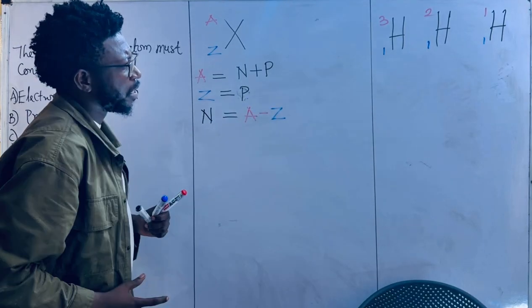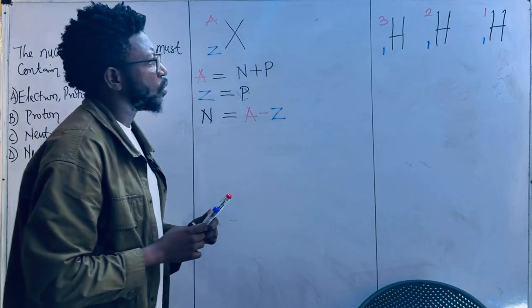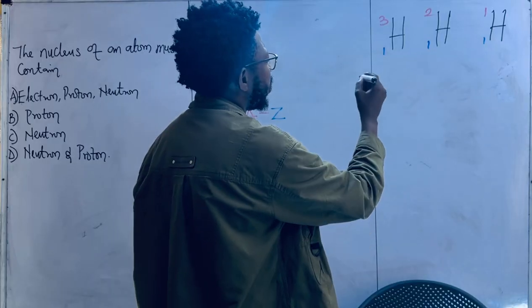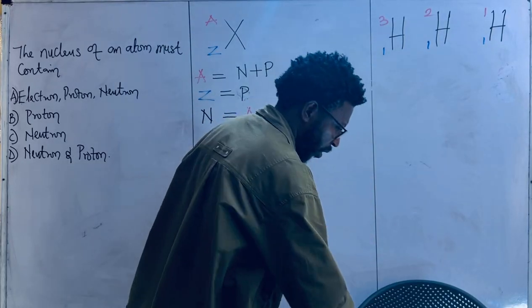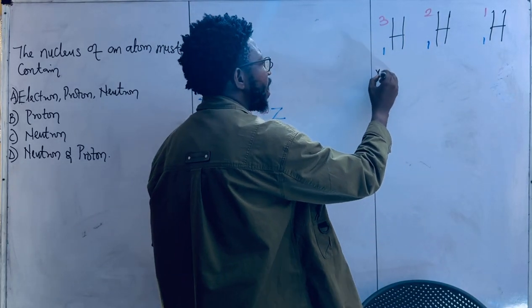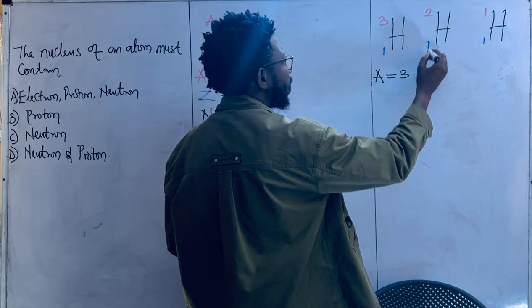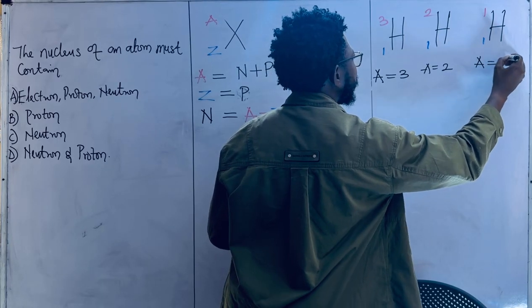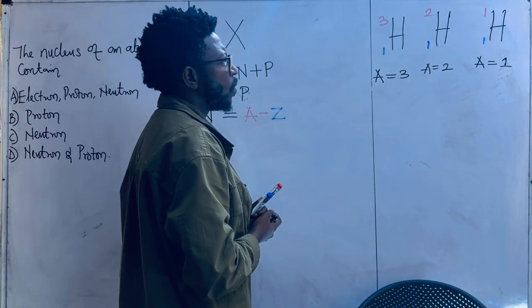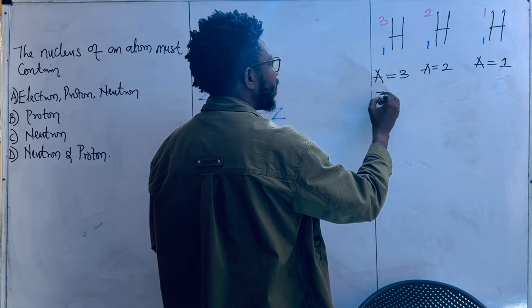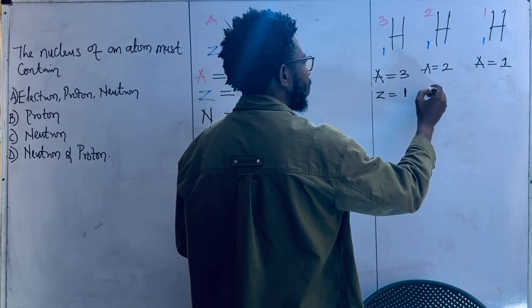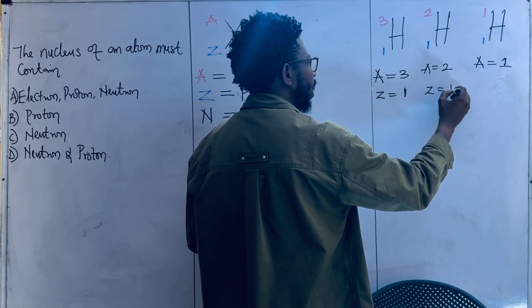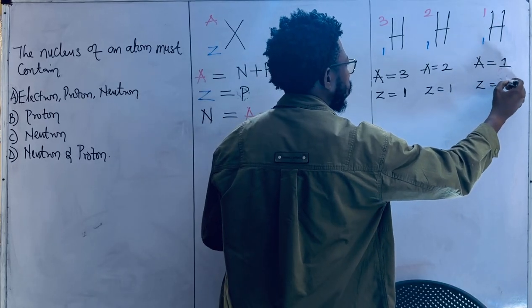We are going to apply this here so I can answer this question. What is my A here? My A is 3. My A here is 2. My A here is 1. Now, what is my Z here? My Z here is 1. My Z here is 1. Then Z here is also 1.